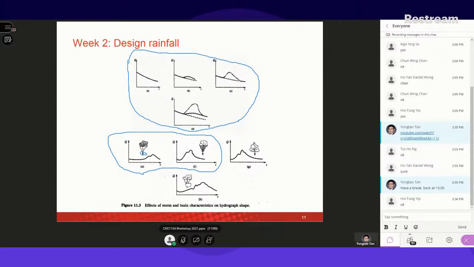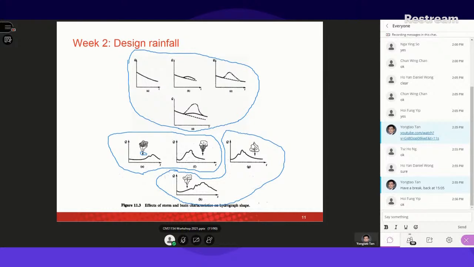How about G and H? Let's look at G and H. Compare these two. For G and H, it's actually about the shape of the basin, and how the shape of the basin affects the hydrograph shape.